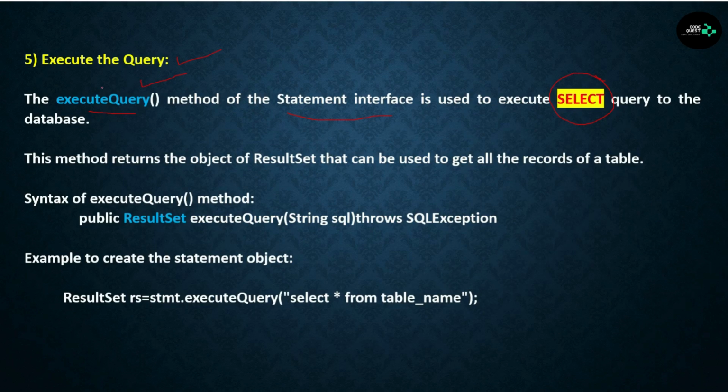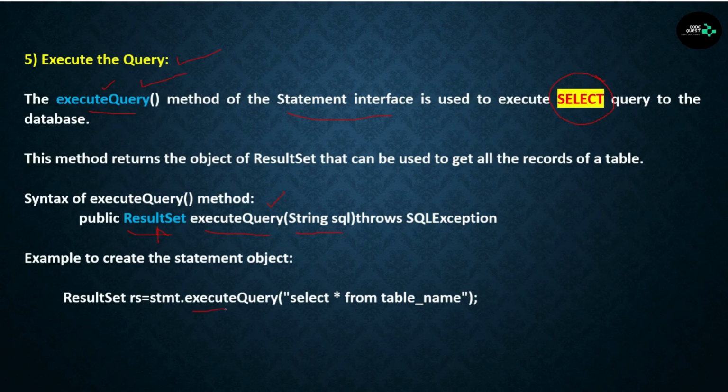Now this executeQuery method, because it is going to fetch some set of records, those records are what we refer to as a ResultSet. So each time we call executeQuery, we pass a string, which is the select query, which is going to fetch me a set of records which I will refer to as a ResultSet.